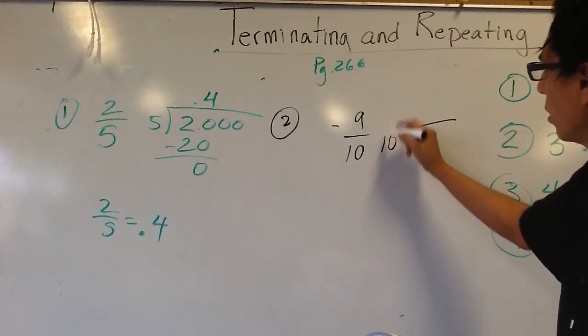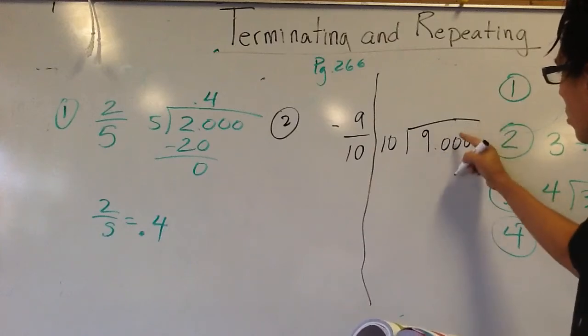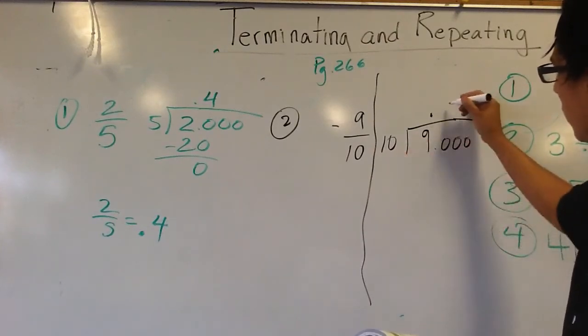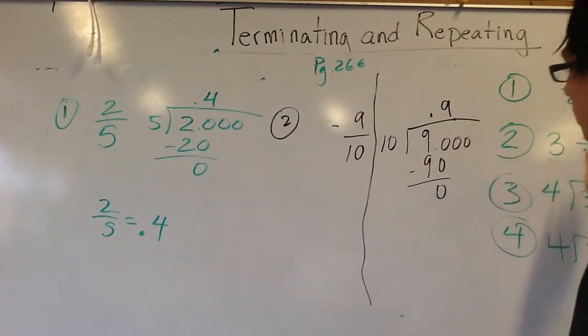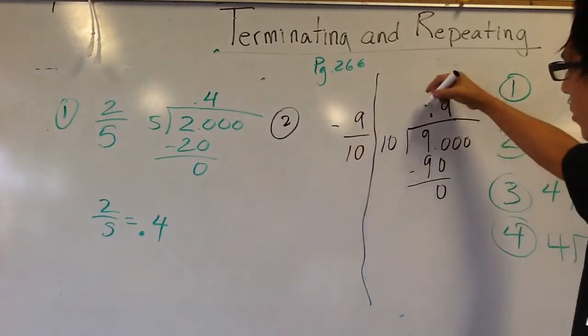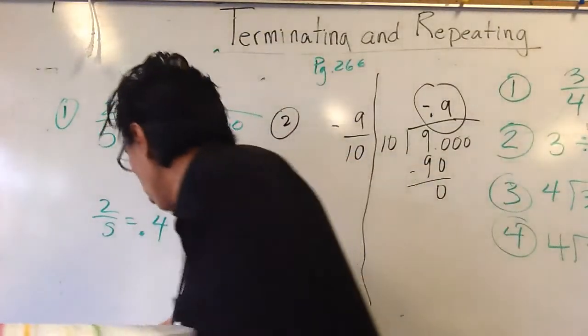I'm going to annex some zeros, make it neat. And what's 90 divided by 10? 9. And it terminated. But don't forget, this was a negative divided by a positive, and we know that that answer is negative. So don't forget that portion.